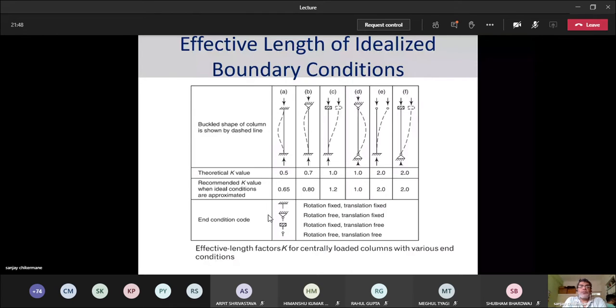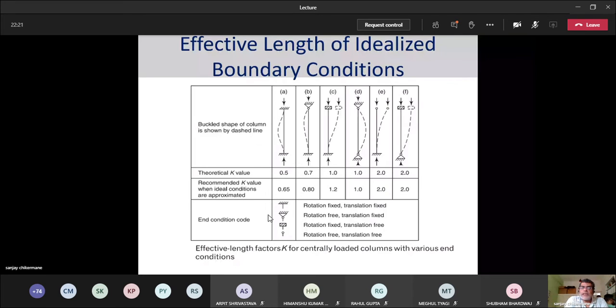The theoretical value 0.5, for example in figure A, assumes that your conditions are absolutely perfectly fixed, which does not exist in reality. There is always some rotation of the support in reality. So this theoretical value should not be taken; what you should take is a value which allows a certain amount of rotation. That's why the recommended values are empirical in some sense.